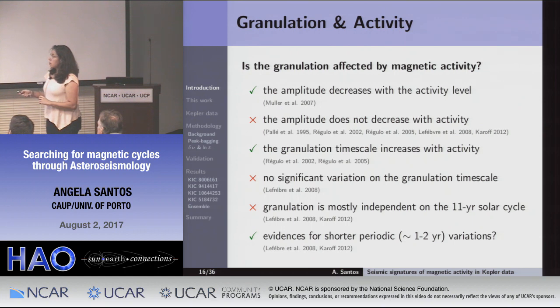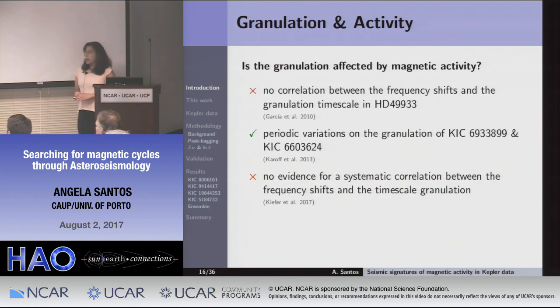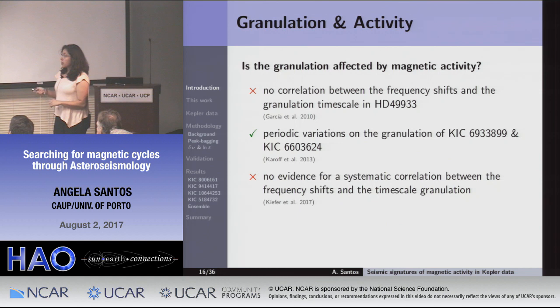The check marks show evidence for the properties of the granulation being affected by activity, while the crosses mark the cases where there is no evidence for that. This is still a matter of debate in the literature, and for other stars it is also not well established.